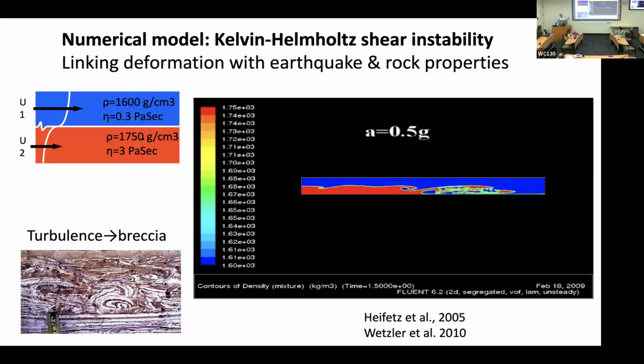Think about these sediments as mud, or soft but not completely fluid. They have some cohesion, so they can still move in a cohesive way together. And then they can overturn and form a breccia.